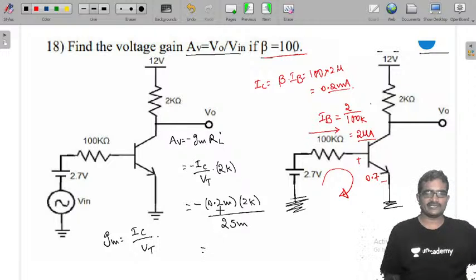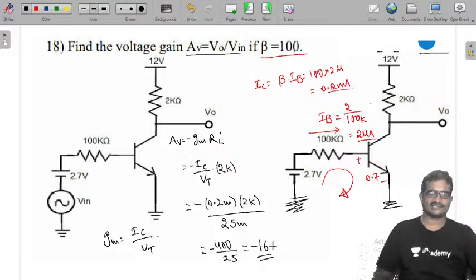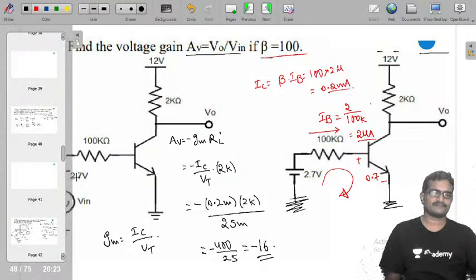Okay, so 0.2 into 2 is 0.4. 0.4 means 400. 400 by 25, minus, so it is minus 16. Minus 16. Okay. So like this, we solve the problems. So next session we solve the remaining problems.